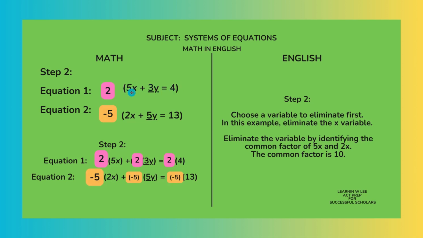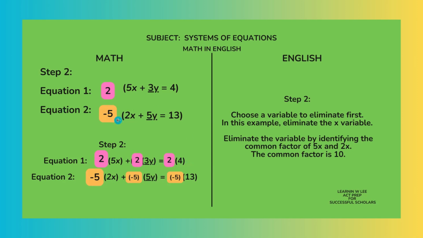So 5x is a term, 3y is a term, and 4 is a term. We can see at the bottom 2 times 5x. You keep that addition symbol in between each term, plus 2 times 3y. And then the equal symbol is here, so you keep the equal symbol there, 2 times 4.